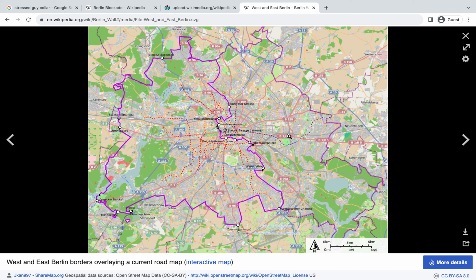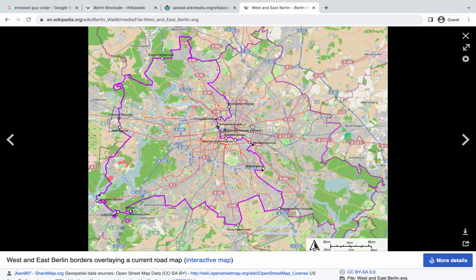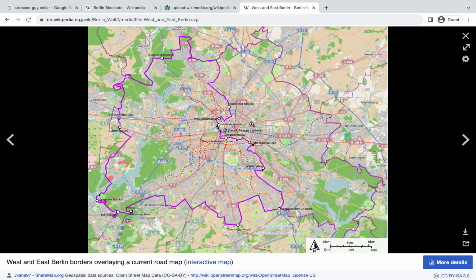What I want you to understand about really where this comes from: one side has not rebuilt their side of the city since World War II. So even though it's 1963 and World War II ended in 1945, if I lived here in East Berlin, there would still be rubble everywhere from all of the bombs that fell during World War II.